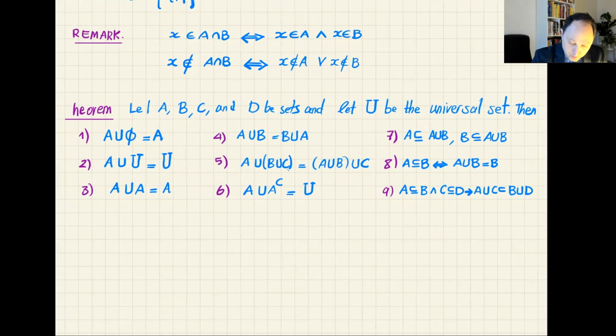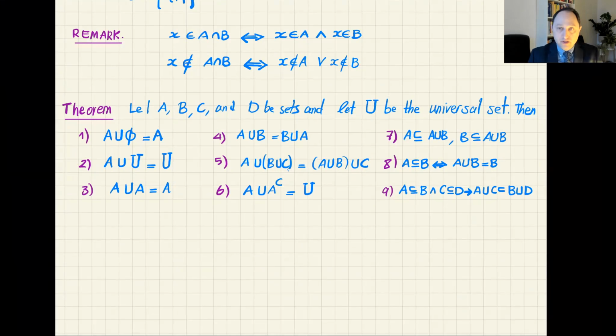So this is supposed to be a theorem for intersection. That is a similar theorem to the one we had before for union. I want to make it right for the intersection. Okay, so I would say let A, B, C and D be sets, and let U be the universal set. Then we have these things.